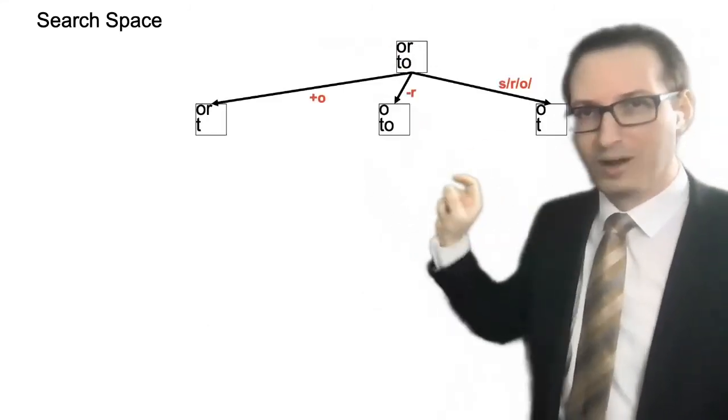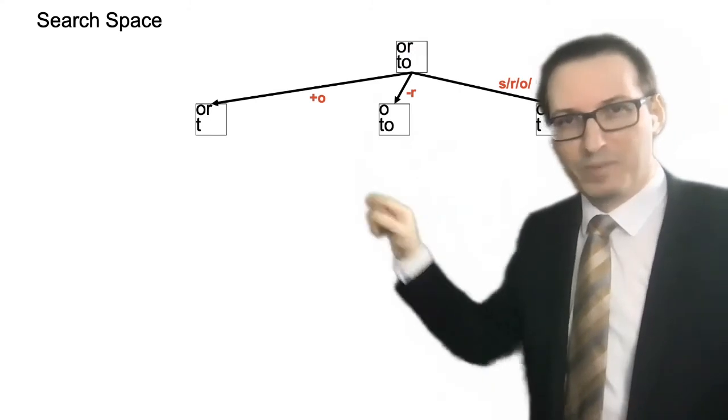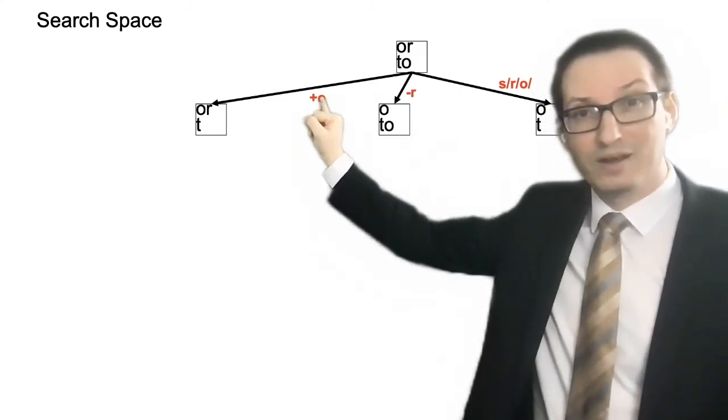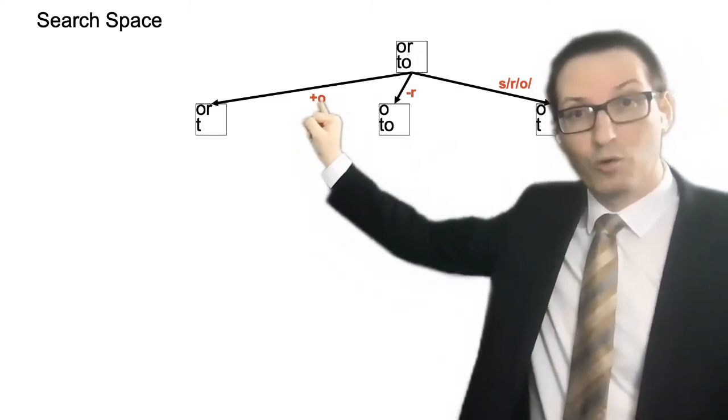In fact, because we talked about brute force before, you can try the absolute brute force search space. Try all possible ways you can edit one word into the other. So let's try to find all the ways that we can edit "to" into "or." Let's do it recursively. Maybe the last step was that we added the letter O, right?